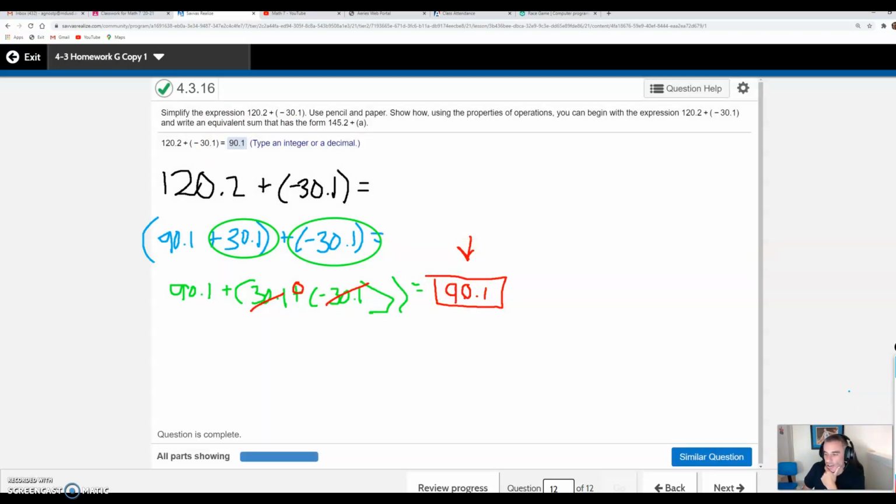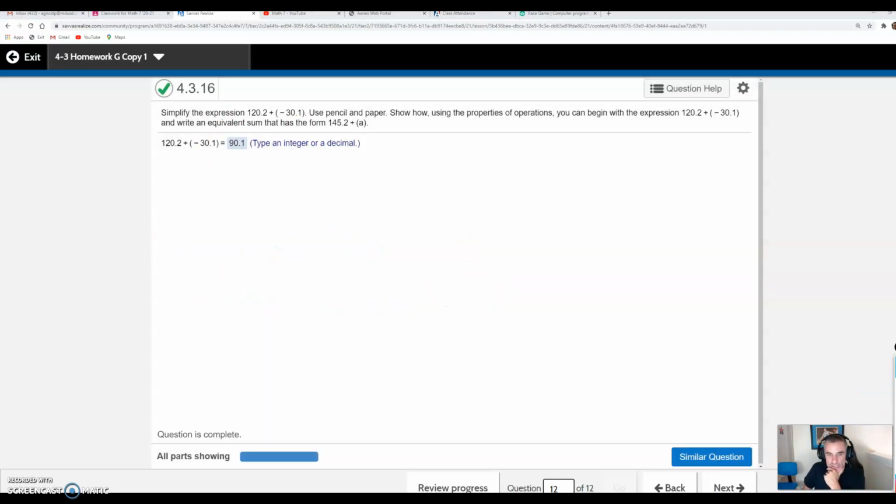The second thing they want us to do is, we know the answer is 90.1. They want us to write a new equation. They want to say 145.2 plus some number is going to equal 90.1, right? It says an equivalent sum.